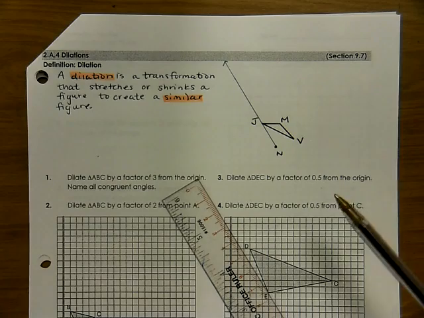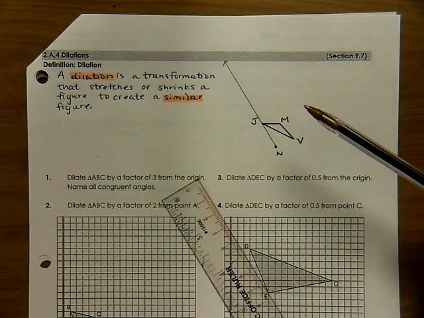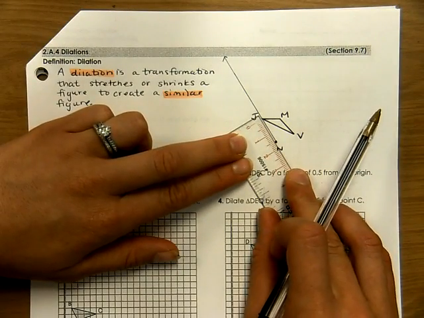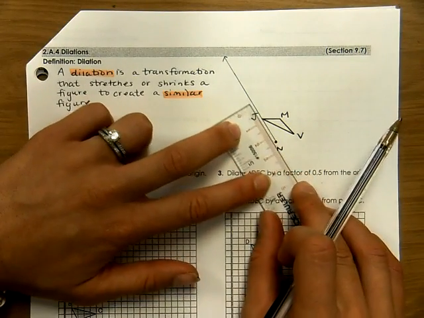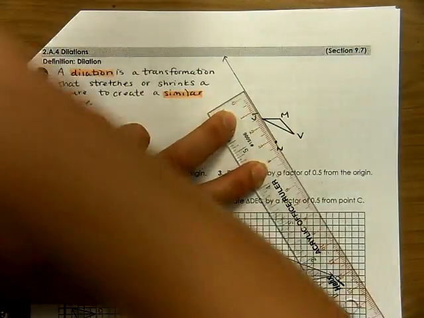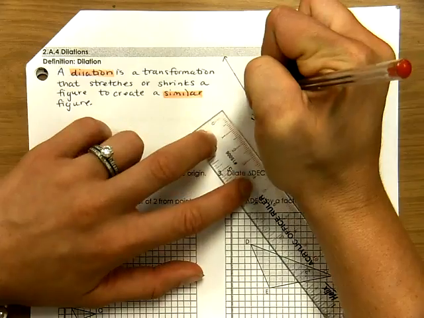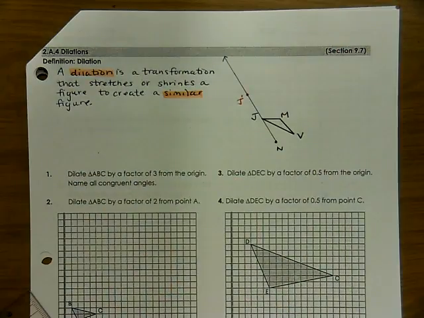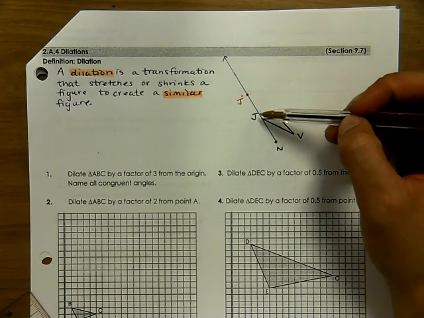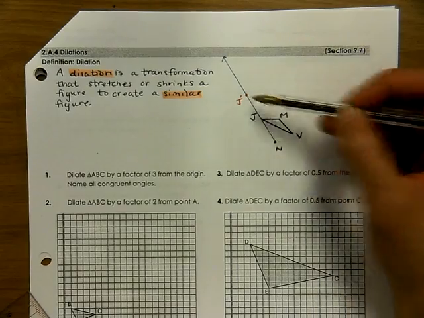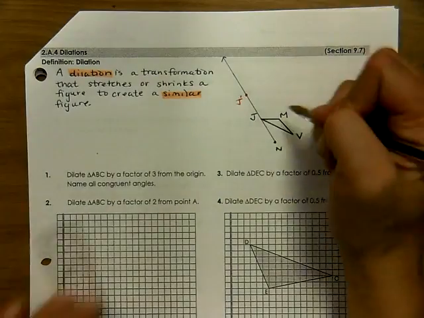I'm going to enlarge this by a scale factor of 2, which means instead of the distance being 1.6, it's now going to become 3.2. So this is where J prime is going to go. So here we have J prime. We just dilated J by a scale factor of 2 from N, so this distance is now doubled. We can do the same thing for the other points as well.